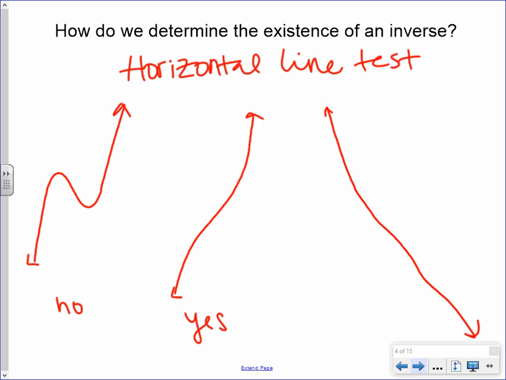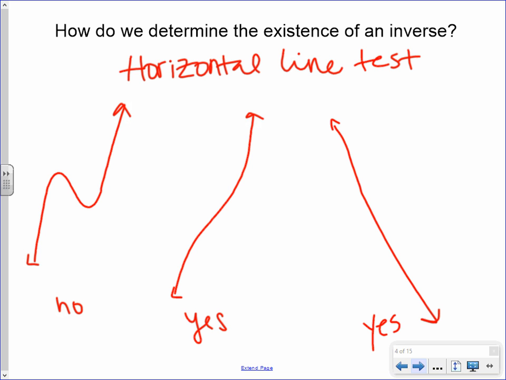We're going to try that again. Does this pass the horizontal line test? Okay, so let's talk about characteristics of these two graphs versus this graph right here.